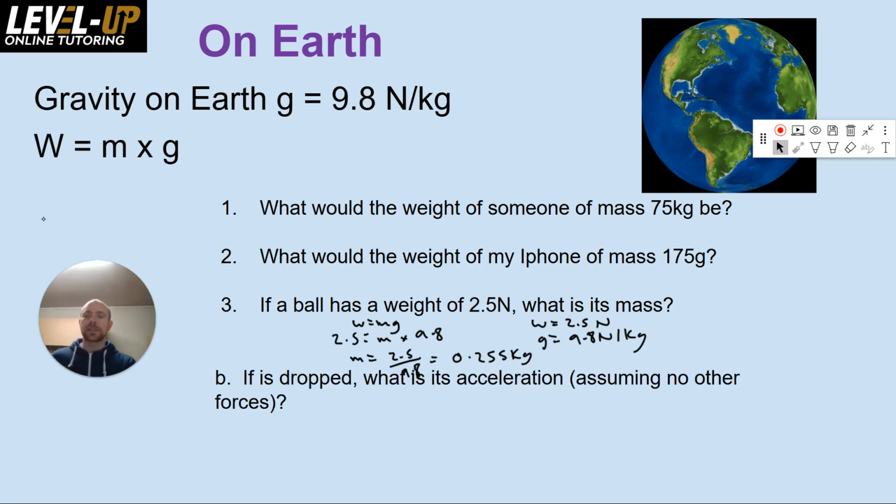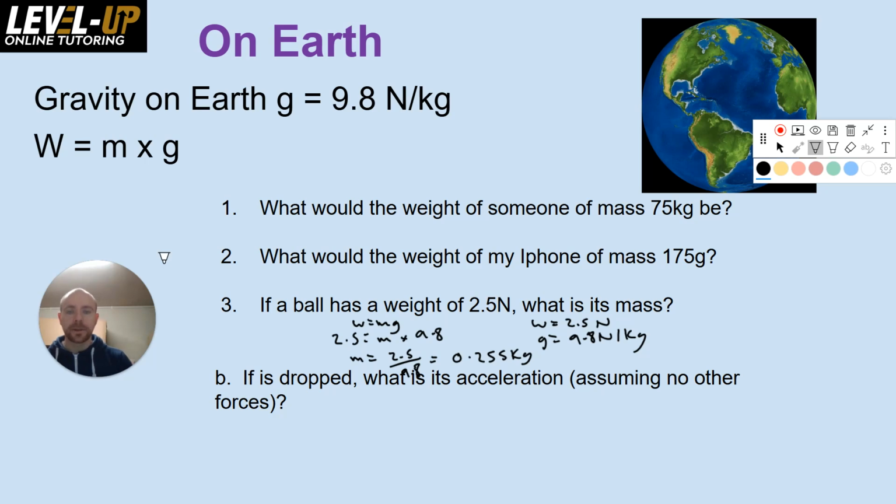So an additional question here, just to prove a point. If that 0.255 kilograms is dropped, what is the acceleration? Well, the point I want to make here is we could use the formula we've used in the previous video. We could start looking at F equals ma, which is very similar to the formula W equals mg, but we're using directly Newton's second law here.